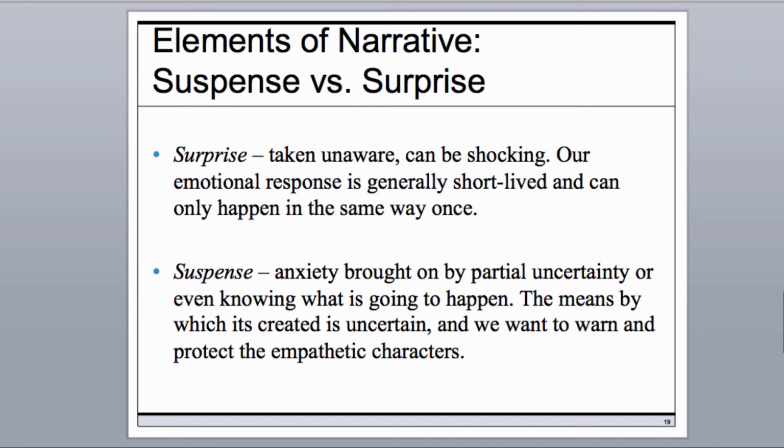Elements of narrative as far as suspense and surprise. Surprise can be something that takes you unaware, that you did not expect. It can be shocking. Your emotional response is generally short-lived and can only happen the same way once. So that surprise moment grabs you, shocks you. Suspense creates anxiety.